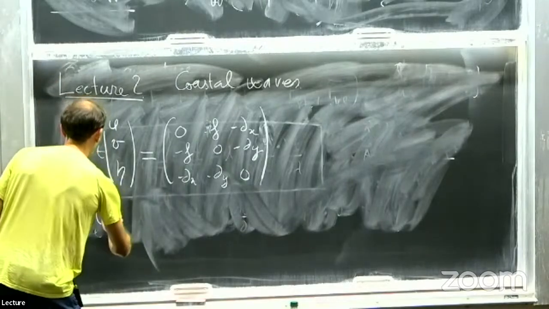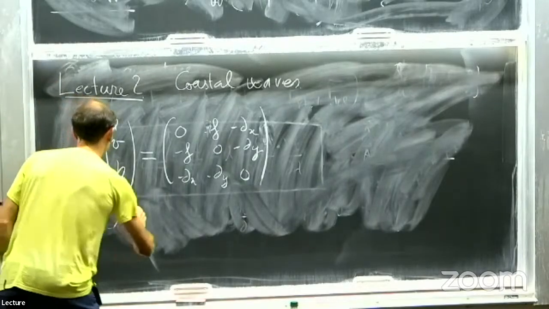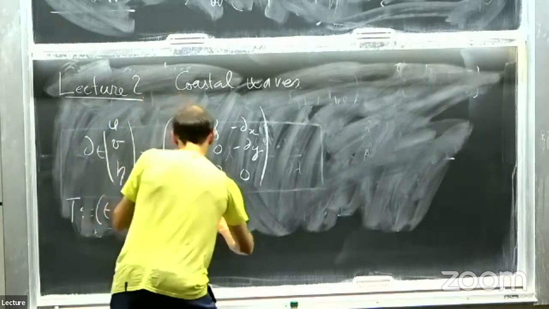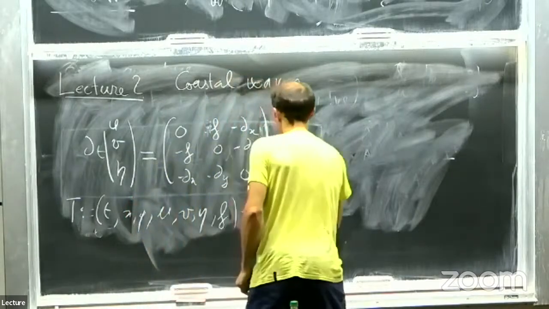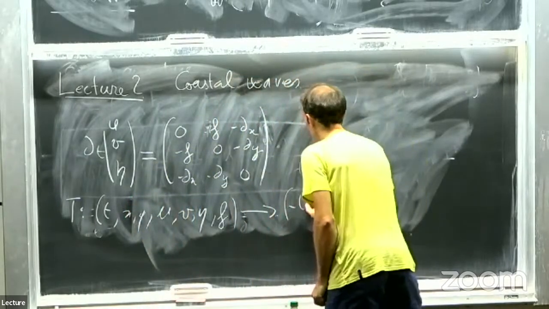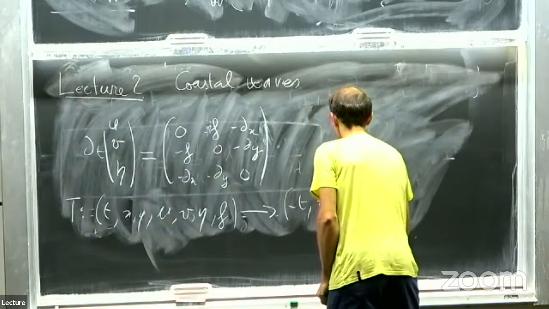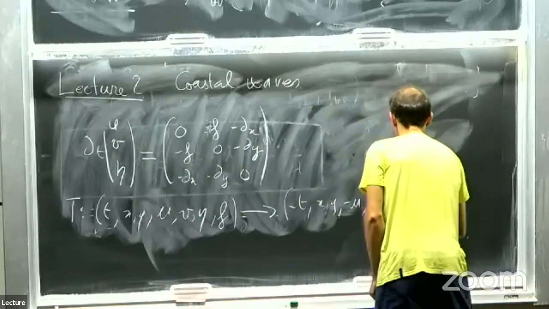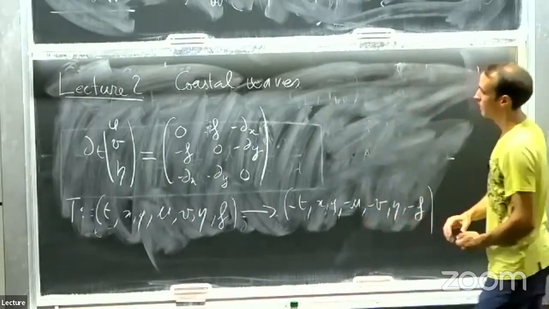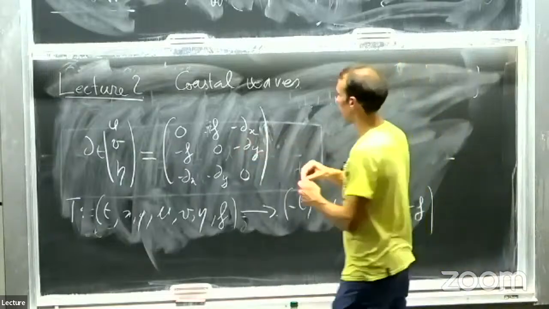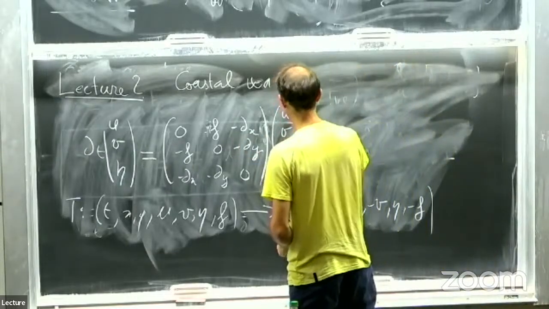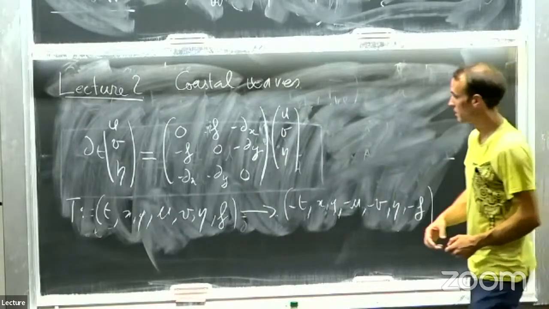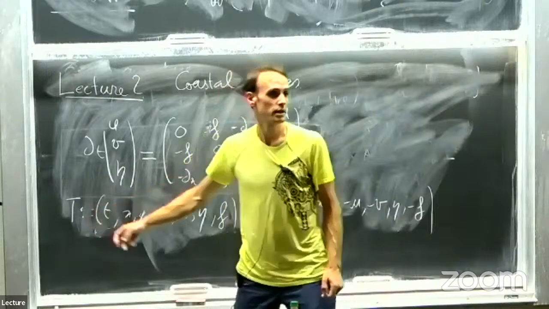So we have time, x, y, u, v, theta, and f that I will change to minus time, x, y, minus u, minus v, theta, minus f. When we make this transformation, you can check that we recover the same system of equations. So this is a discrete symmetry. And this is time reversal symmetry in a classical sense.